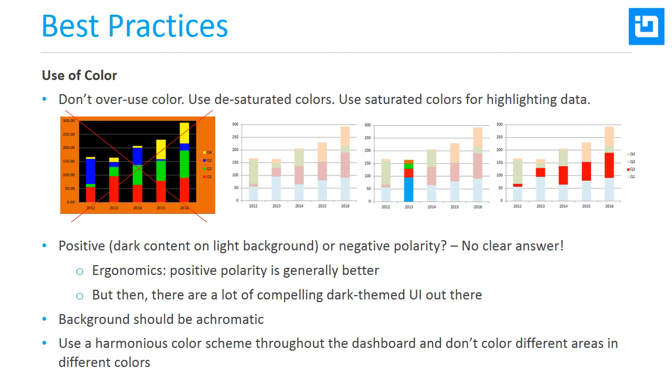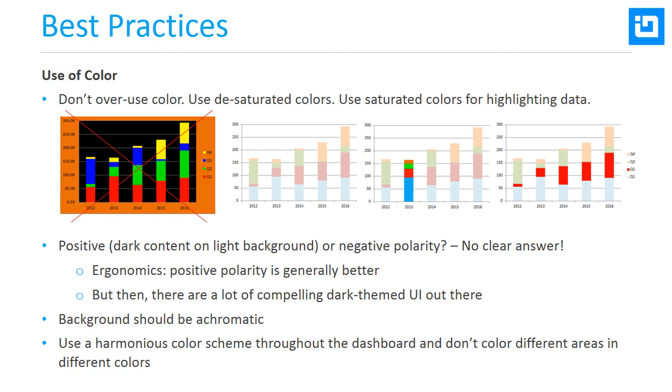So that means ergonomics is not the only decision criterion here. Things like branding, aesthetics, and visual design also play a role. So no matter what you do, whether positive or negative polarity, just make sure that you have sufficient contrast to separate between background and foreground, where your information sits.